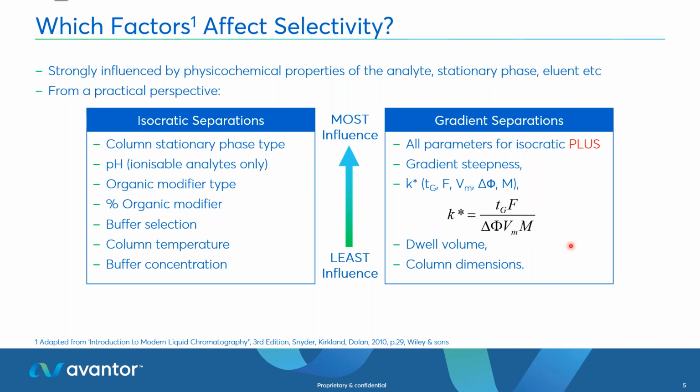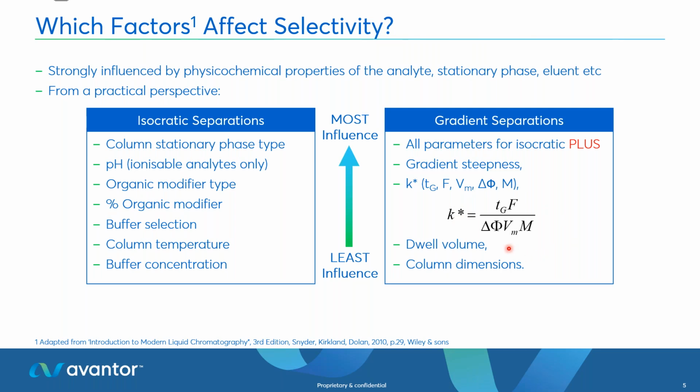So all of those factors could change the selectivity, and therefore if you've decided you're going to speed up your methods and you scale the gradient, if you don't scale it accurately, you might be changing the selectivity within the system, because all of these parameters affect that alpha term.